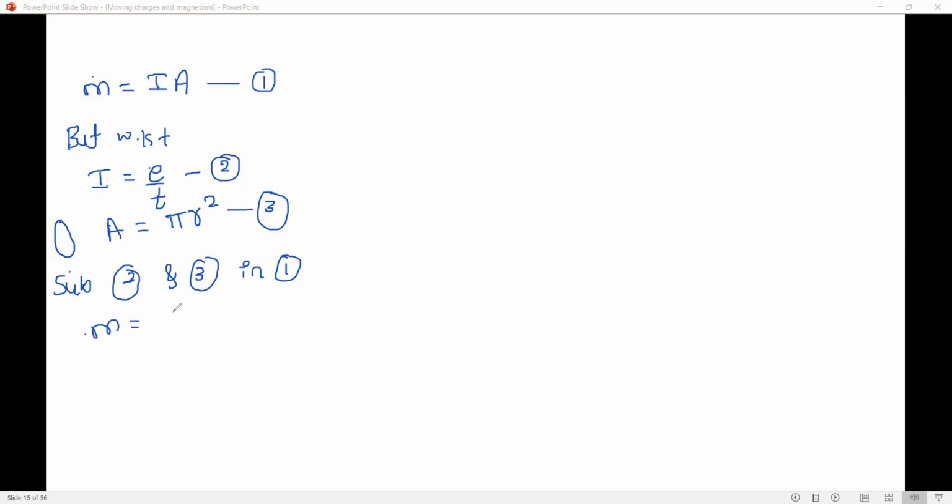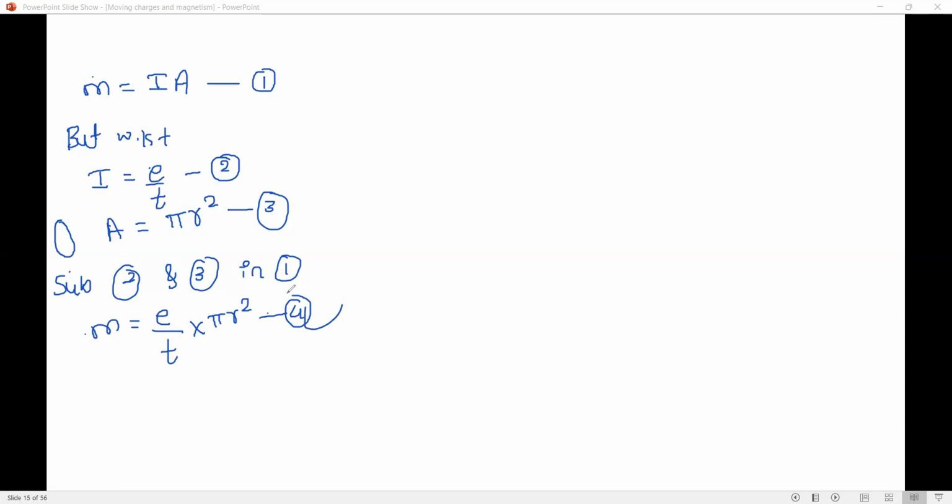M is equal to the I value, e by T, into the area value, pi r square. So M is equal to e pi r square by T. Make it equation 4.